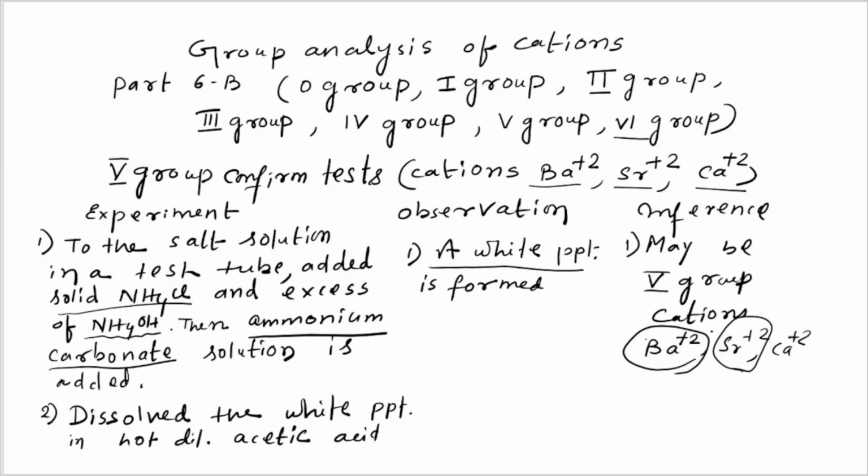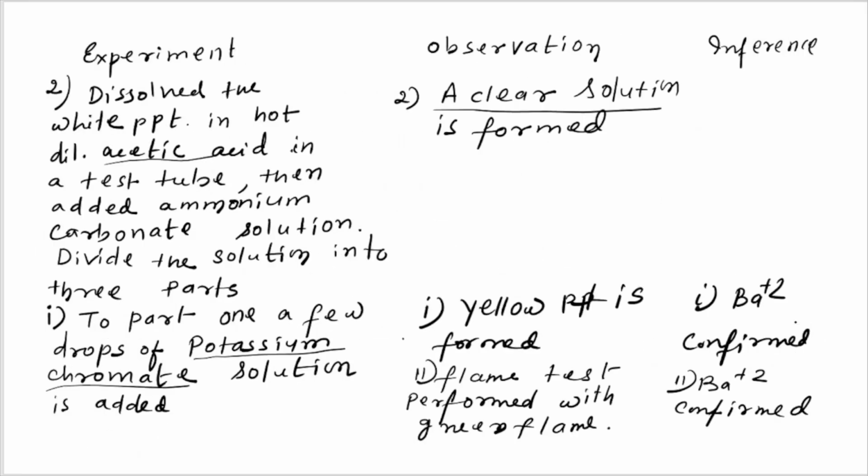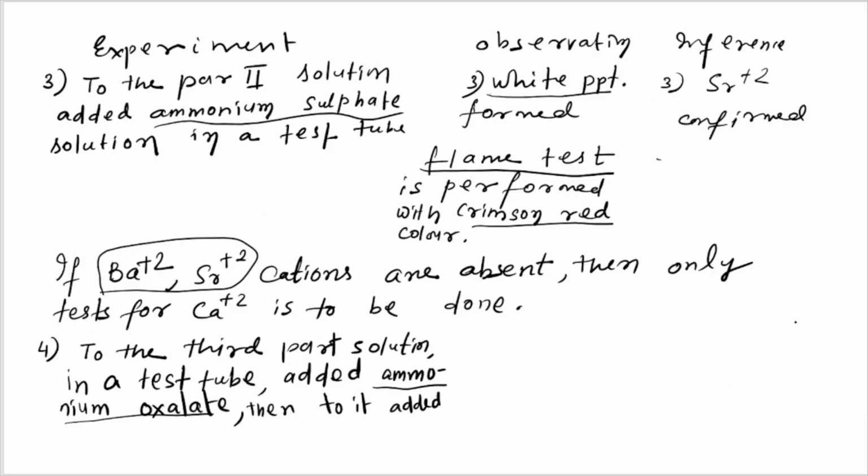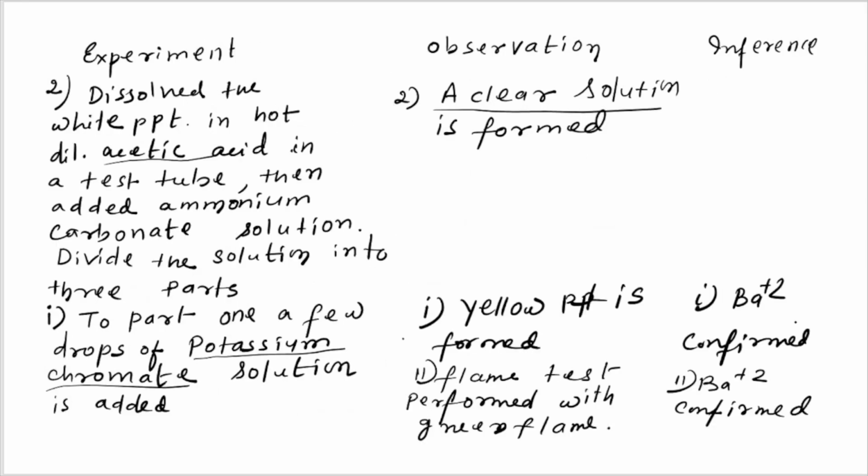Remember, start with Ba+2: dissolve the precipitate in dilute acetic acid, and you will get a clear solution. Then divide this solution into three parts. For the first, add potassium chromate solution, which gives Ba+2. If Ba+2 is absent, you go to Sr+2. Flame test for barium is a green flame.